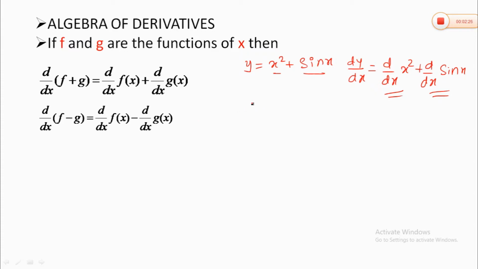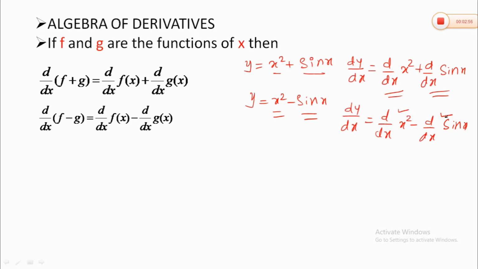So that is if y equal to x square minus sin x, so this one is f(x), this one is g(x), then dy by dx, that is derivative of y with respect to x, equal to dy dx of x square minus dy dx of sin x, derivative of f(x), derivative of g(x).